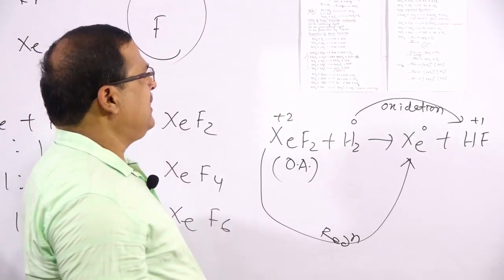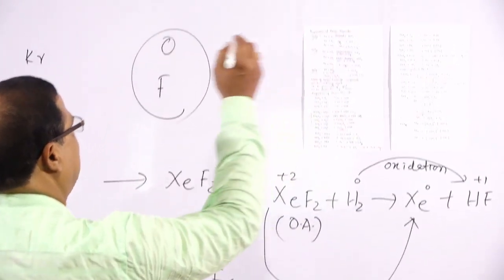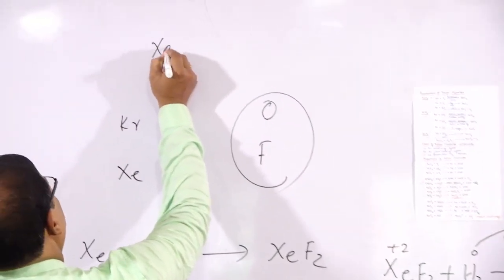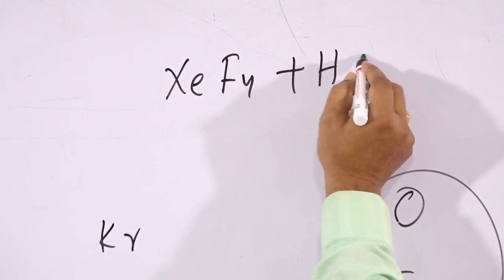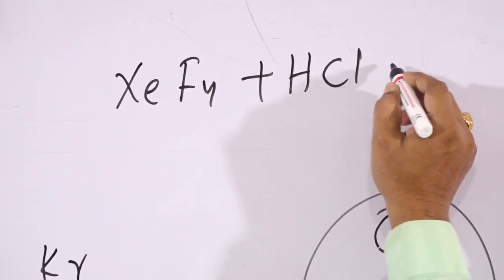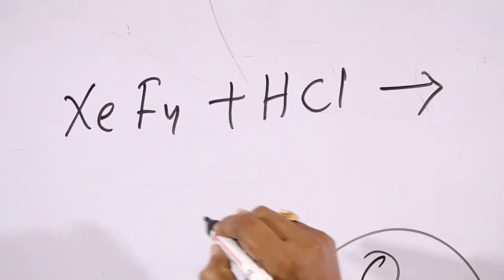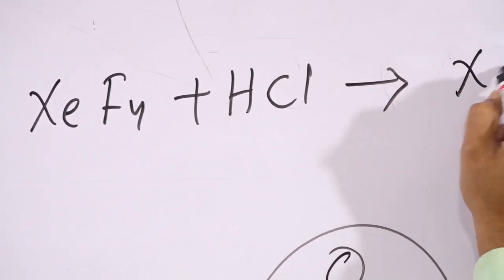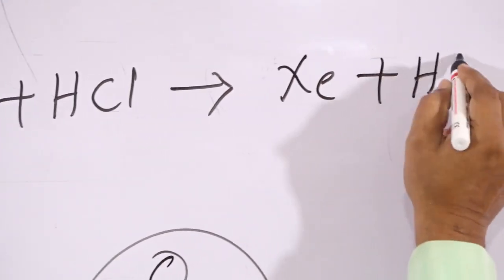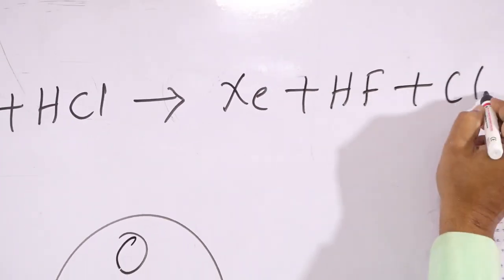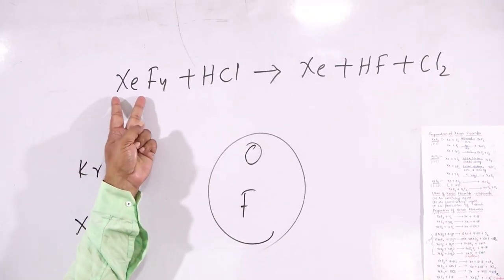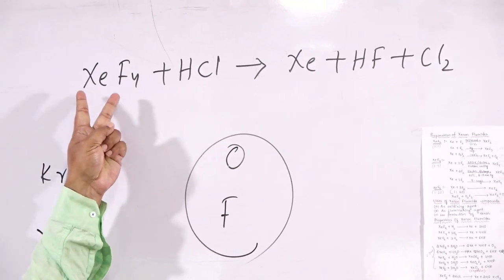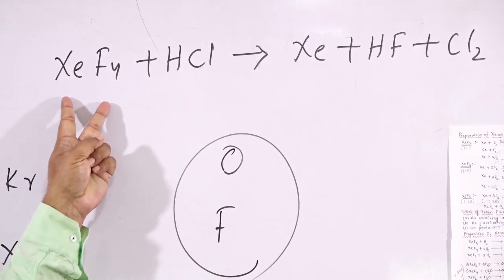Similarly, we can take other examples. For example, XeF4 plus HCl gives rise to Xe plus HF plus Cl2. We can take XeF2, XeF6, or XeF4.